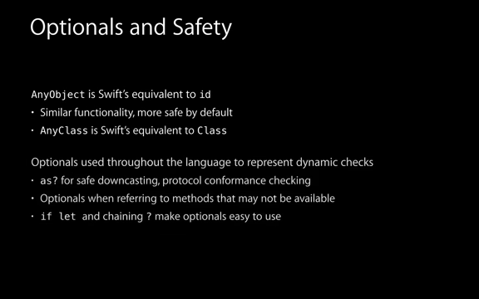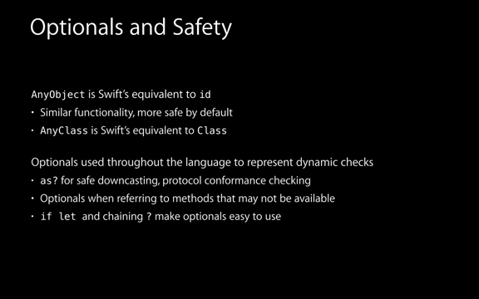The other thing we've seen is how optionals are used throughout the language to represent dynamic checks. We've taken is-kind-of-class checks, conforms-to-protocol checks, responds-to-selector checks, and folded them all into the notion of optionals within the language, with their optimized syntax to make them easy to use and easy to do the right thing.